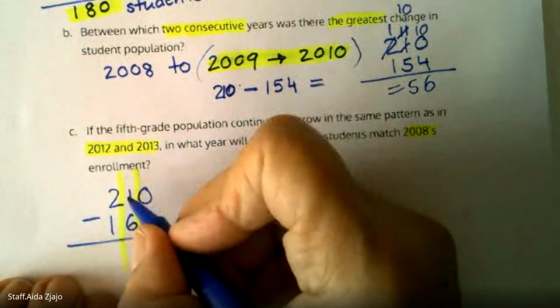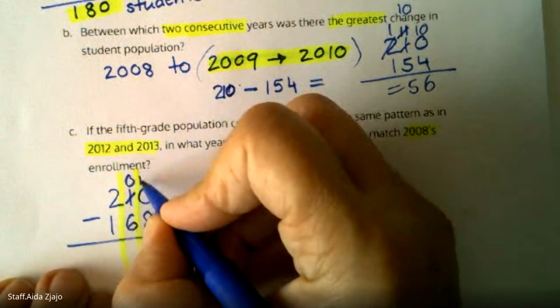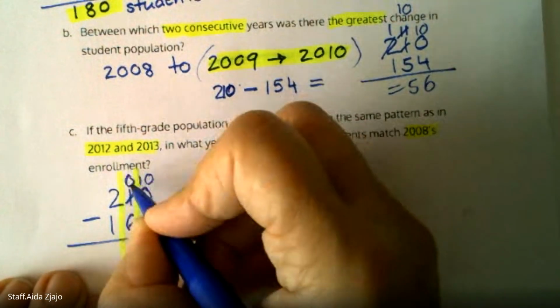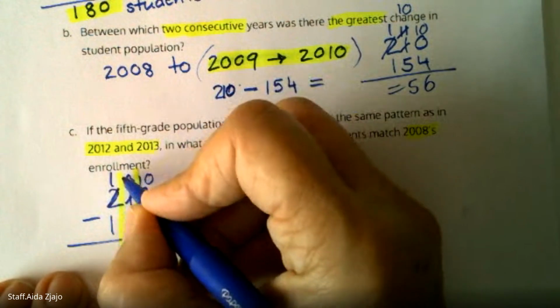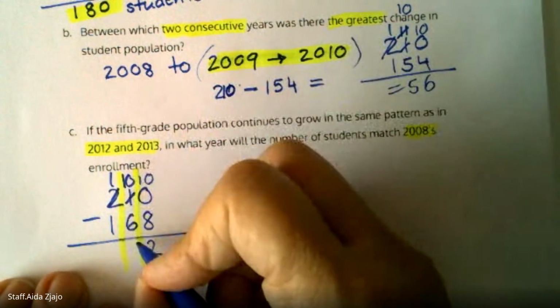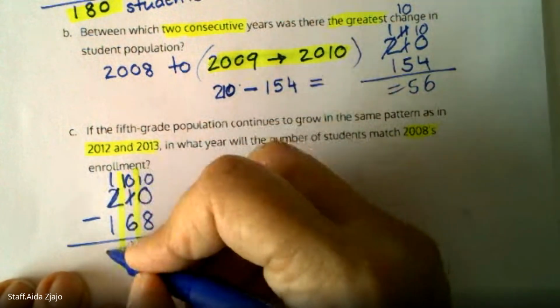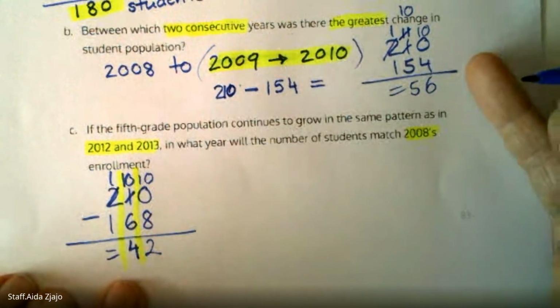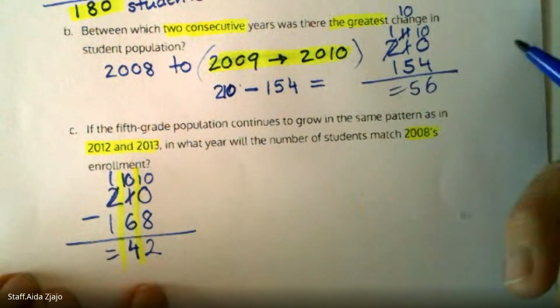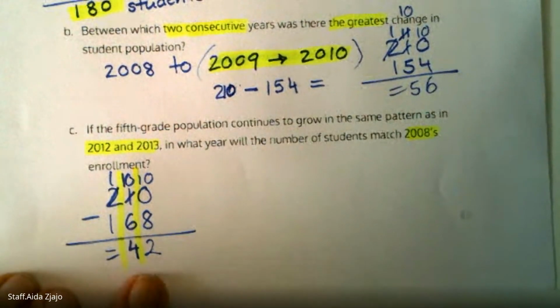So I have to regroup. 10 minus 8 is 2. Again, I can do this. 10 minus 6 is 4. And 42 students difference.